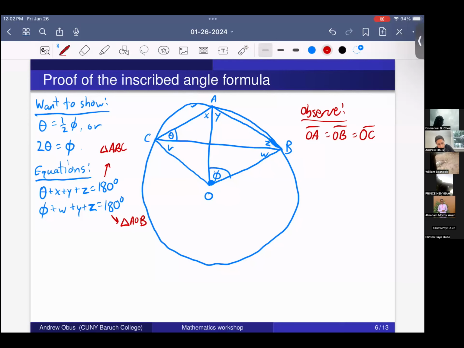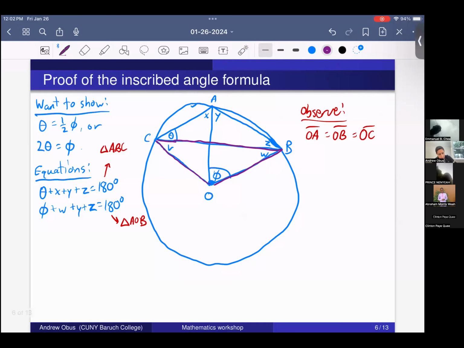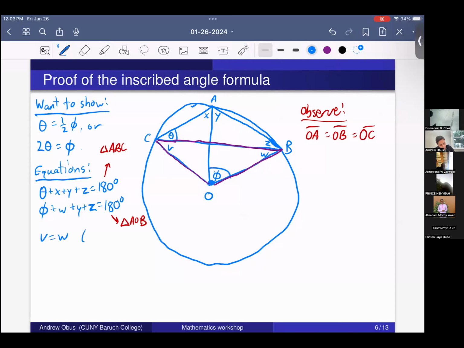So if we look at this isosceles triangle over here, BOC, right? This is isosceles, and one thing that we know about isosceles triangles is that the angles opposite the equal sides are equal. So we get here that V is equal to W, and this is because triangle BOC is isosceles.